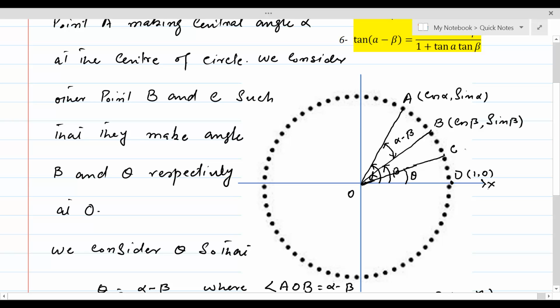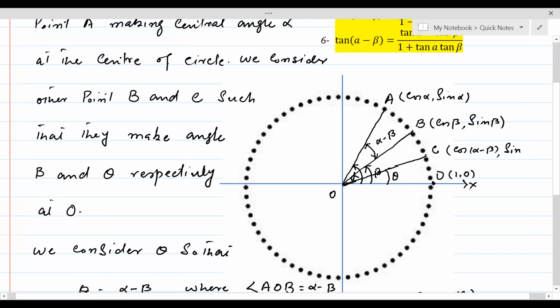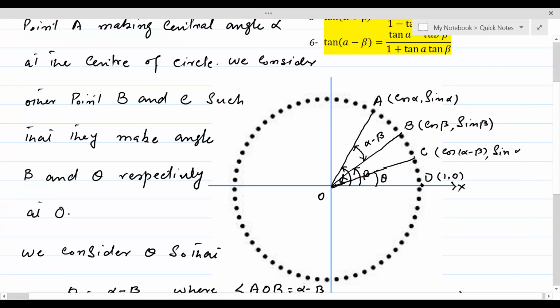And the coordinates of C in that case would be cos of alpha minus beta and sine of alpha minus beta, because we already assumed that theta is equal to alpha minus beta.